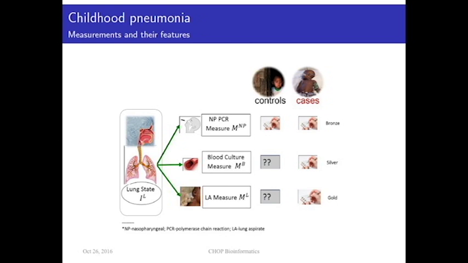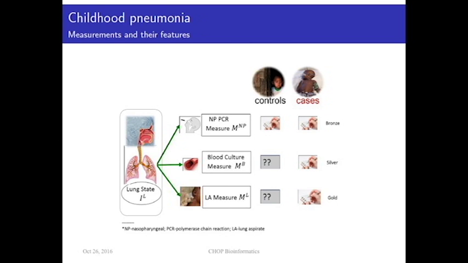On rare occasions, we stick a needle in the lung and take a sample, and with some probability we'll actually sample the fluid that has the pathogens, and if we do find a pathogen there, we're like 99.99% certain that is the cause. So you could say it's like a perfect gold standard measure, but you rarely get this data.